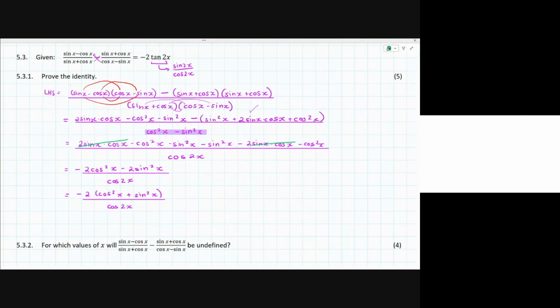I can't tell you why I'm having a brain fart right now. Sin x times cos x minus sin x. That's right. This is right. That is correct. That is correct. That has to change.